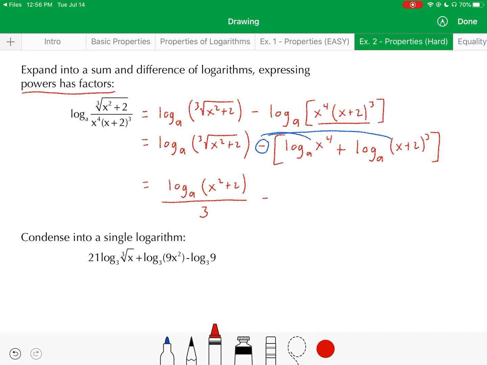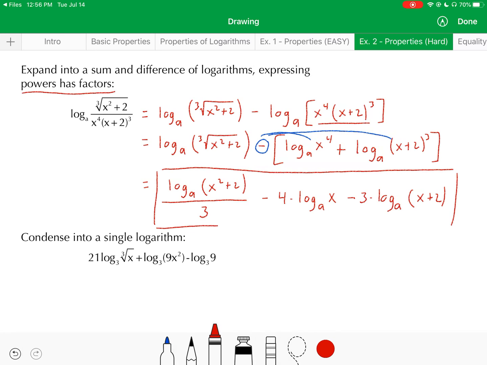Then log base a of x to the fourth, I can bring that power of 4 in front, so I'll make this minus 4 times log base a of x, and then minus, because that negative has been distributed, 3 times log base a of x plus 2. Notice I'm leaving x plus 2 in parentheses. All right, and this would be as expanded as you can make the original logarithmic expression.